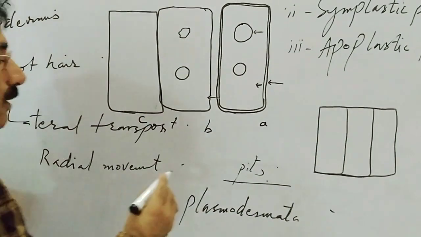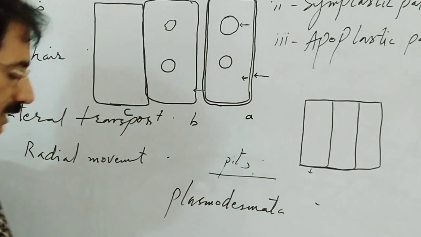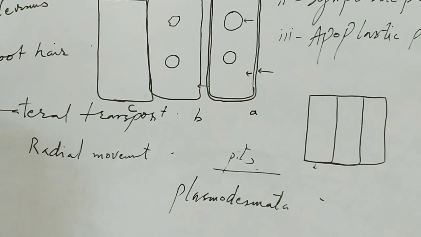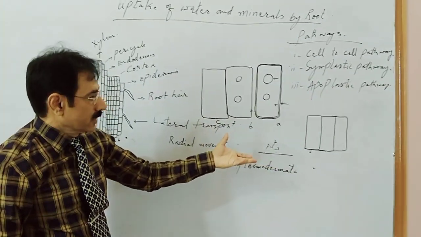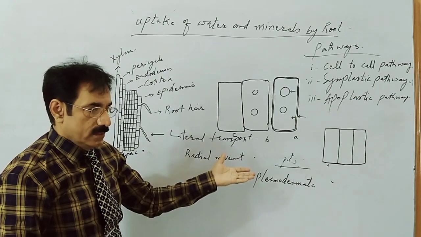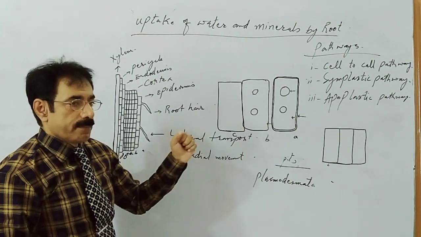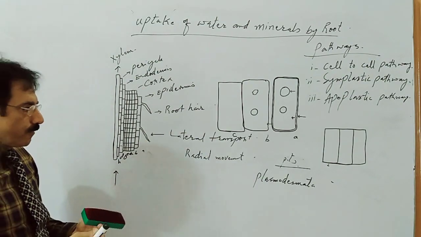We know the cell walls of plants, including the cortex cells, are made up of carbohydrate materials: cellulose, hemicellulose, lignin and pectin. These have a high capacity to imbibe water.